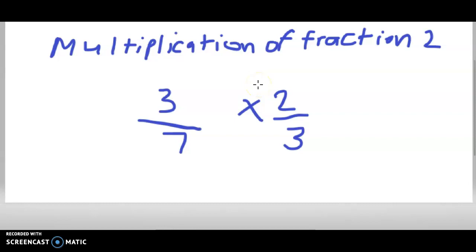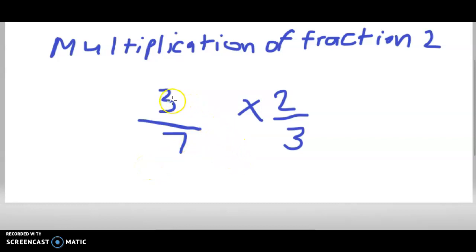In another example, 3 over 7 times 2 over 3. Step number 1: because this is multiplication of fractions, we do not care if the denominators are the same. This is a proper fraction and this is another proper fraction. What do we notice?